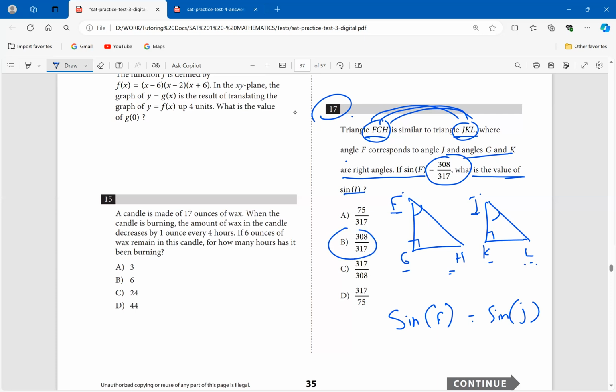This should be the answer. Is it clear? Okay, so it was very simple. There was no complicated calculation involved. You just had to think a little about the concept of congruency and similarity of triangles. When the angles correspond to each other, their sine values are equal. This is how we picked B.